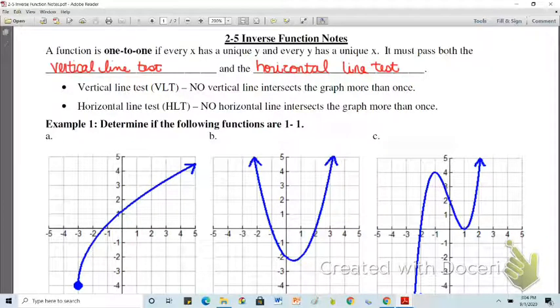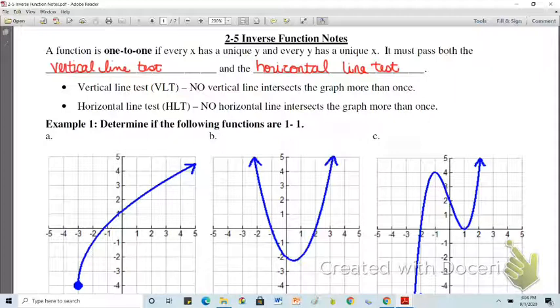Remember, the vertical line test is basically holding up a pencil or a spaghetti noodle and making sure that vertically no part of the graph touches your line more than once. The horizontal line test is just switching that and doing it horizontally.